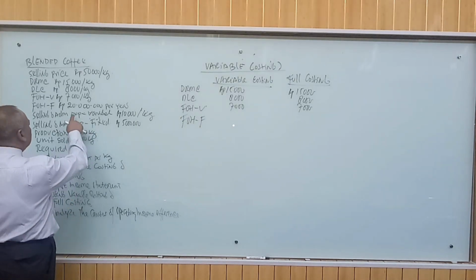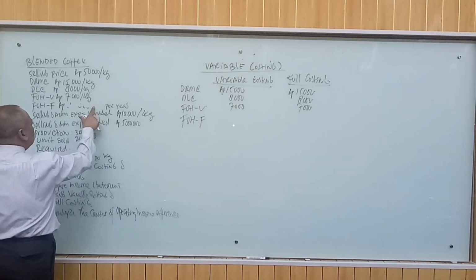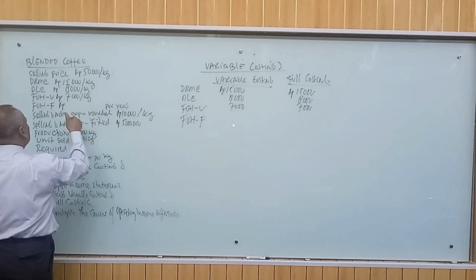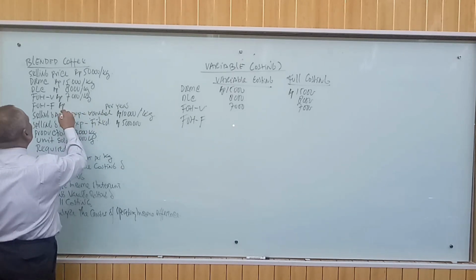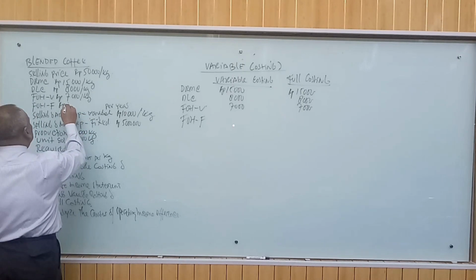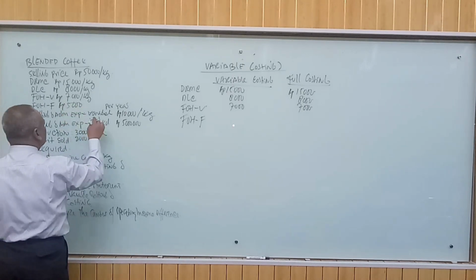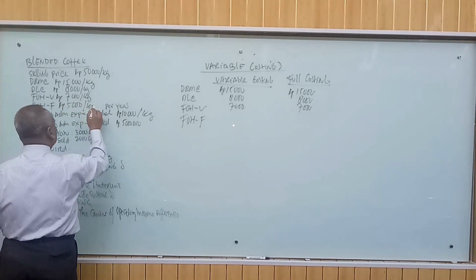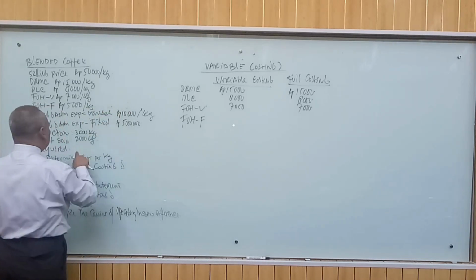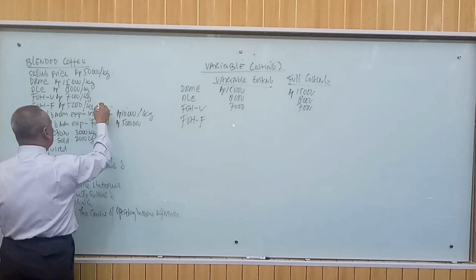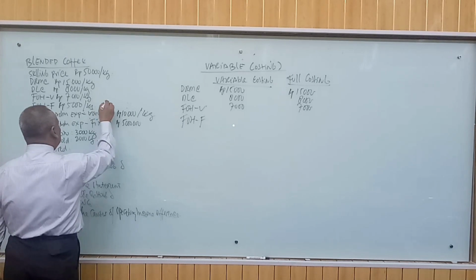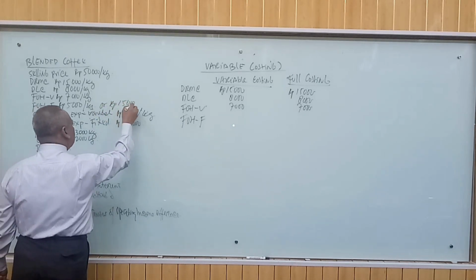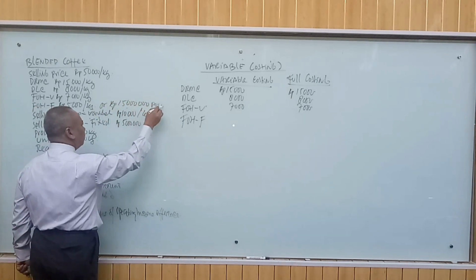For fixed factory overhead cost per unit, we can divide it. For example, the cost per unit here is 5,000 per kg, or if we multiply by 3,000, it's 15 million per year.